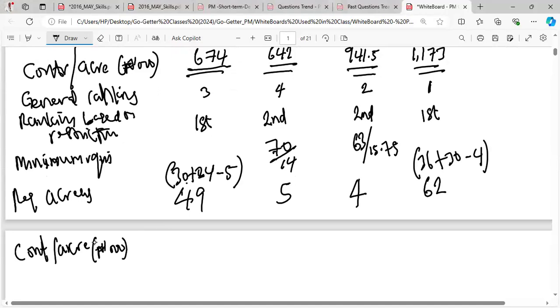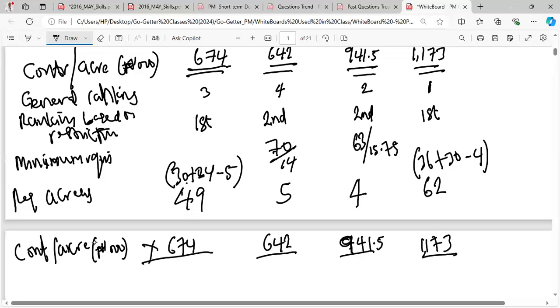So this is going to be 674, this is going to be 642, this is going to be 941.5, and this is going to be 1173.